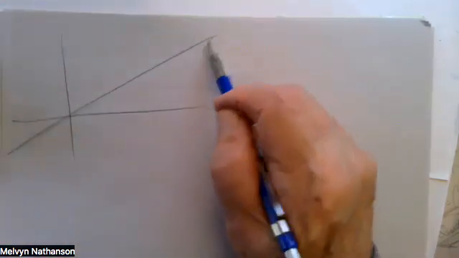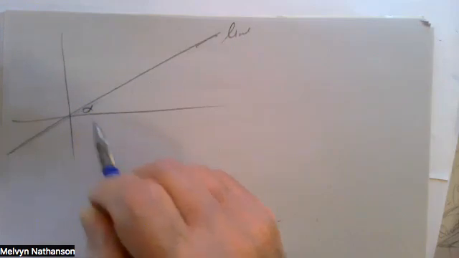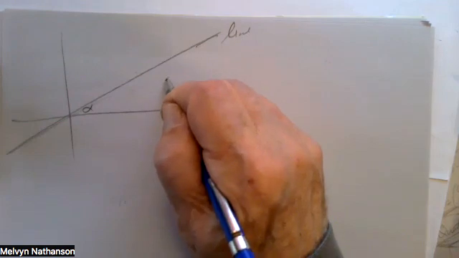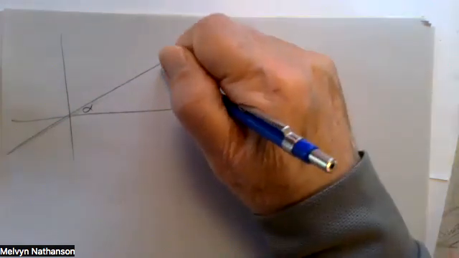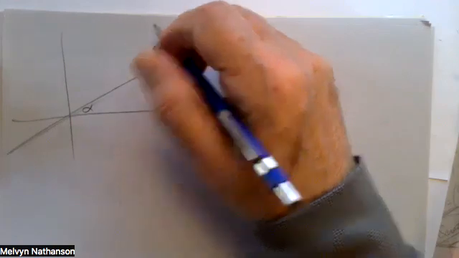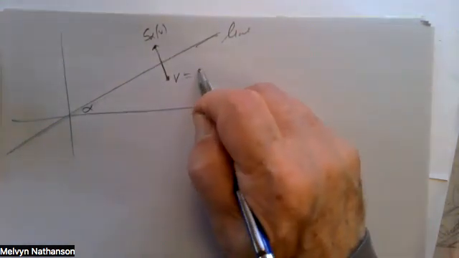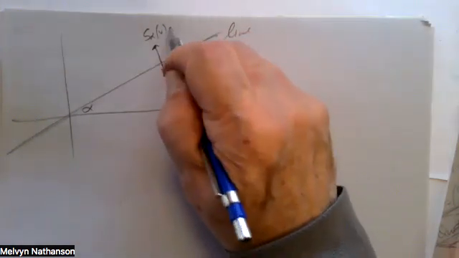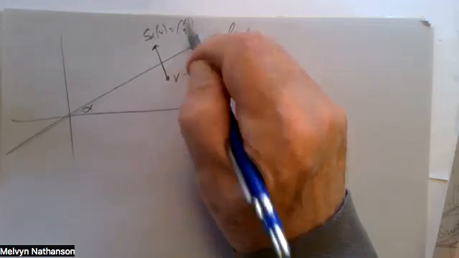Let me draw another picture, just to show what we're doing here. Here we have a line that makes an angle alpha with the x-axis. I take a vector v and I reflect it through the line. So this vector is v, and this is S alpha of v. Let's say v has rectangular coordinates x, y, and this has coordinates x prime, y prime.